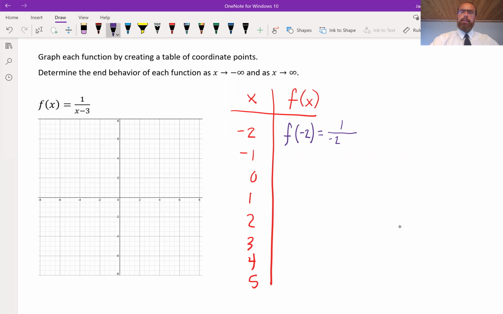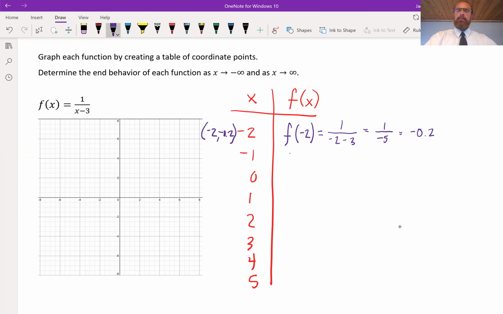So this is 1 over -2 minus 3. I've just replaced the x with -2. That simplifies to 1 over -5, and as a decimal, that's -0.2. So we'll record that point here as -2, comma, -0.2.